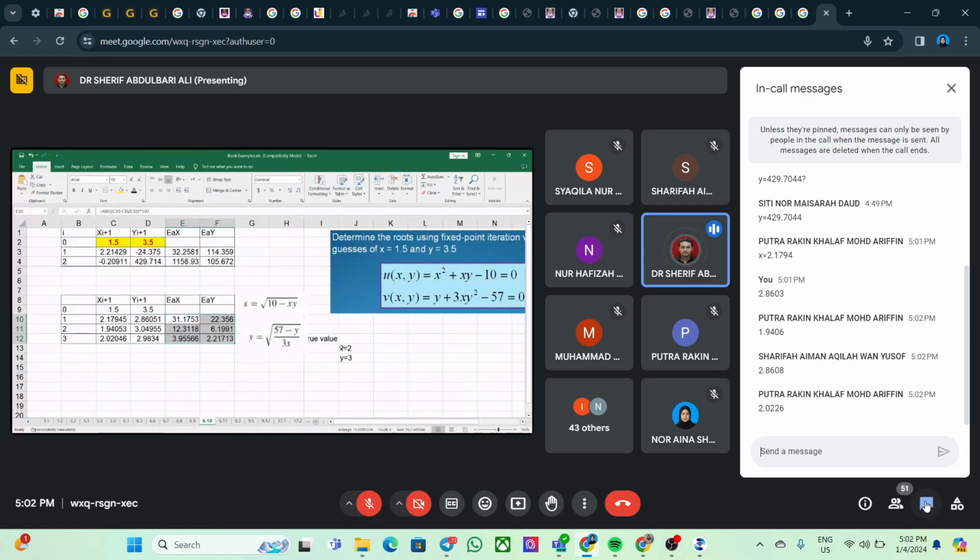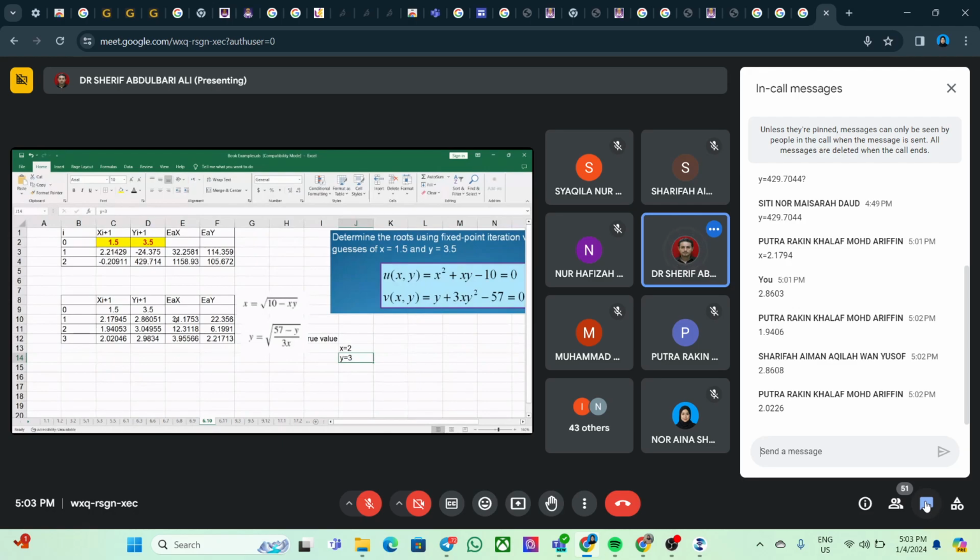Okay. So now remember that we are supposed to be approaching the value of x equal to 2 and y equal to 3 to get the answer. So now when we are looking here, x starts from 1.5, 2.1, 1.9, and 2. So it's closer to the value of 2. And y is from 3.5, 2.8, 3.0, 2.9.